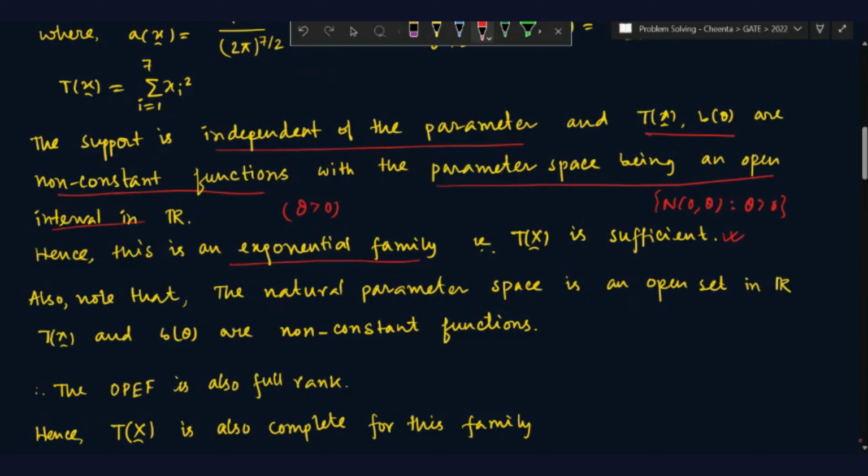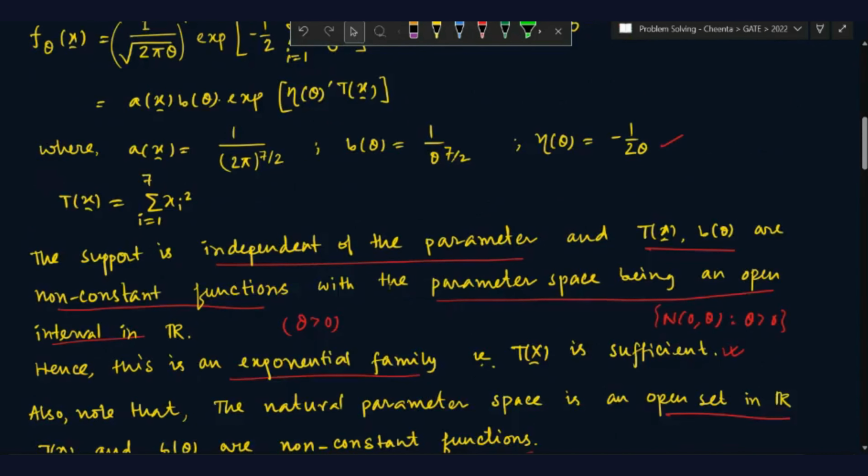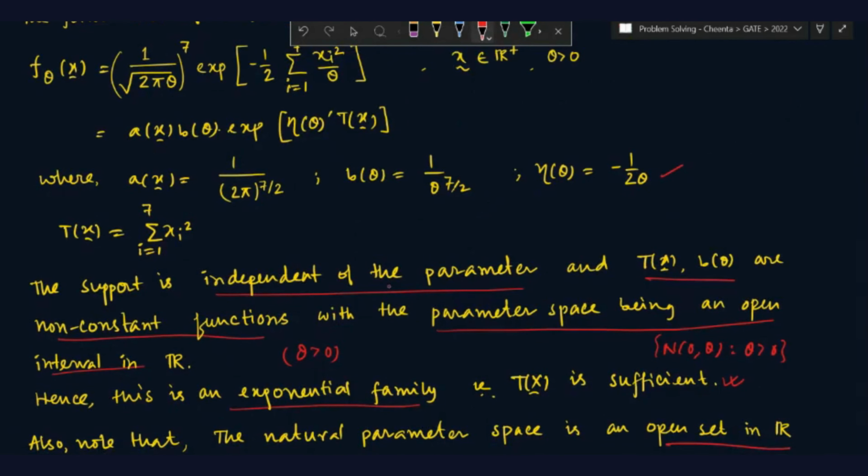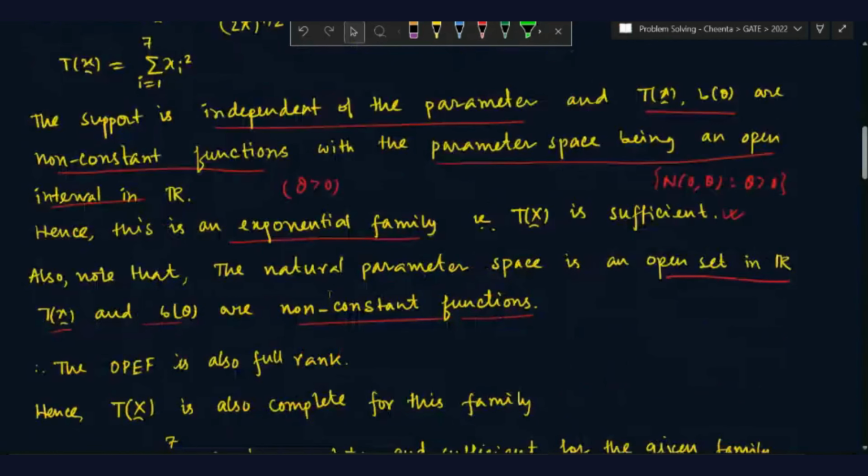The natural parameter space is minus 1 by 2 theta, which is an open set in R, and T(x), B(theta) are non-constant functions, which we previously said. That is, T(x) equal to summation X square is a non-constant function. We can get different outputs by giving different inputs, and B(theta) is also the same, it is a non-constant function of theta.